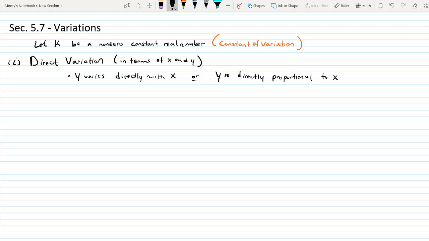So these both describe the same thing in terms of x and y.